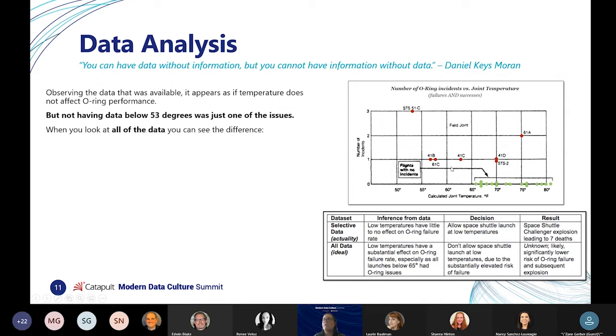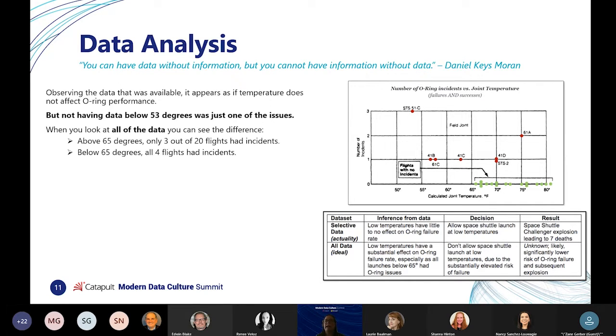The red are flights that did have incidents, and you can see that there is a relationship between the temperature and the number of incidents: the lower the temperature, the more incidents. By looking at the data in a different light, comparing the red to the green, you're able to make a more conclusive inference.